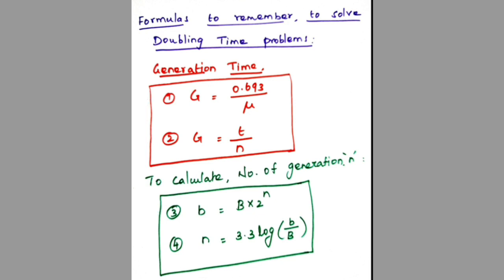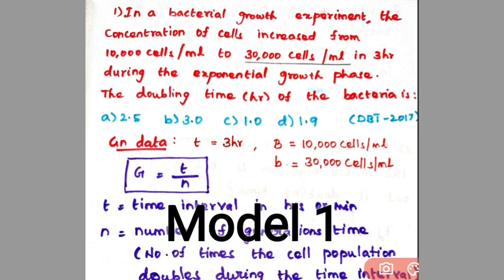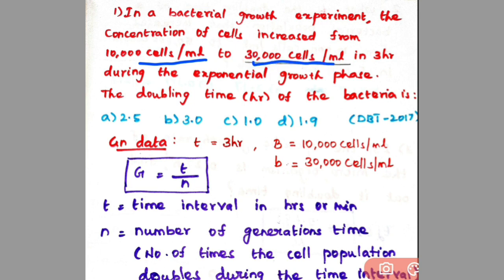So the first problem is, in a bacterial growth experiment, the concentration of cells increased from 10,000 cells per ml to 30,000 cells per ml in 3 hours during the exponential growth phase. So here the given data is 3 hours, that is the time interval T is 3 hours, and at the beginning of your time interval your cell population is 10,000 cells per ml, that is your capital B. Then after 3 hours your cell population is 30,000 cells per ml, that is small b.